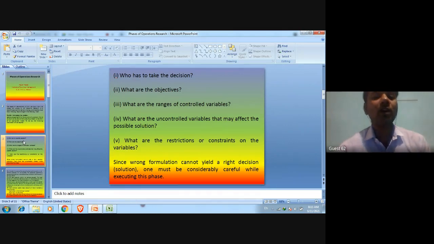Objective means what are your organizational objectives which you want to achieve, and what you have planned for those objectives, and which types of activities you are doing.